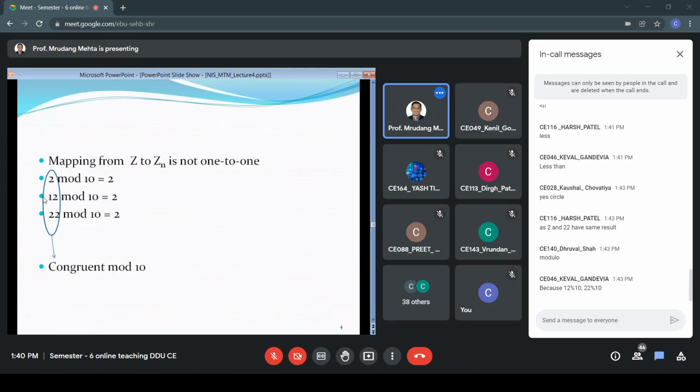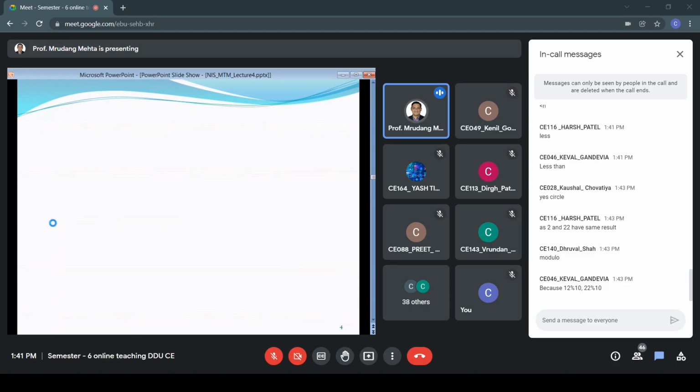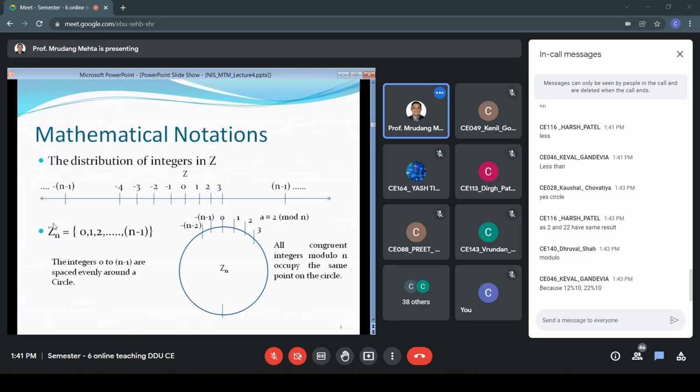Right? So these 2, 12, 22 are called congruent mod 10. So 2, 12 and 22, they are congruent. These numbers are congruent. Is that clear to all of you? That is why if you see here in this circle, this equation, A congruent to mod n. So here n equal to 10. And then we take 2, 12, 22, 32, 42.